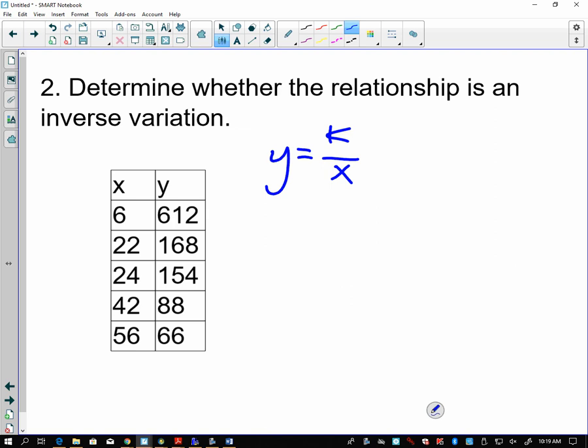K. All right, I need to see that it has a constant. So using this equation here, how do I solve for k? Multiply by x on both sides. Okay, so x times y equals k, or k equals x times y, right?